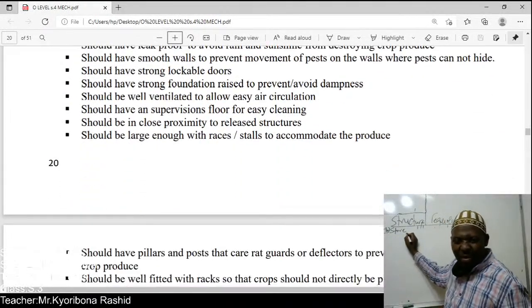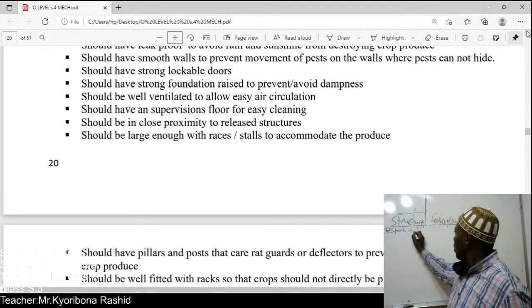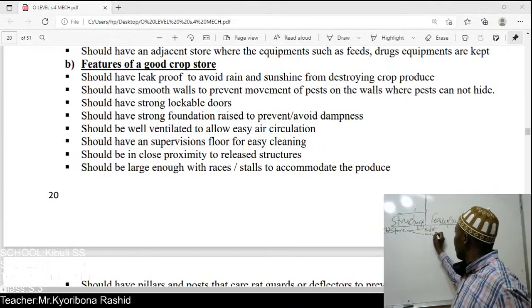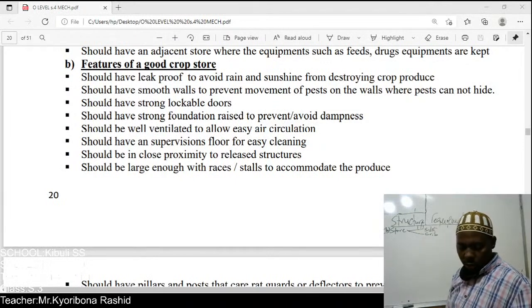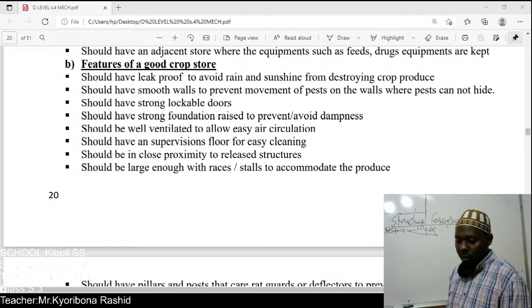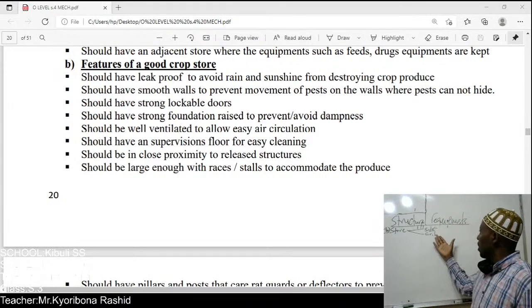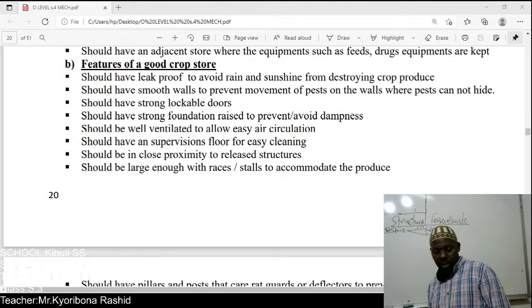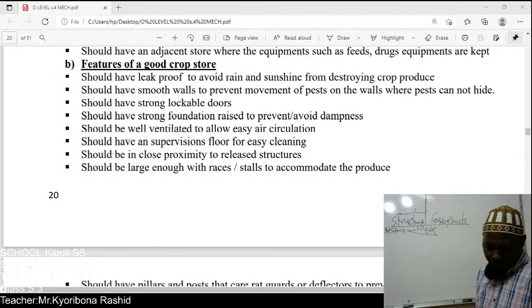Remember, we gave examples of these crop stores. Remember, we talked of a silo. We talked of a crib. I don't know whether you still remember, or because you have now eaten from it, either from a silo or from a crib. You must have eaten something from there, so you cannot forget.